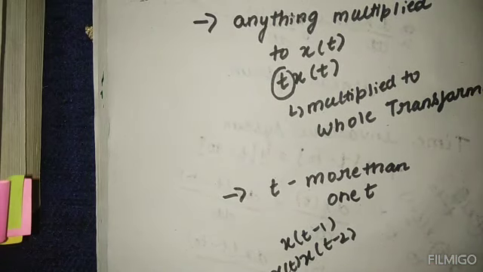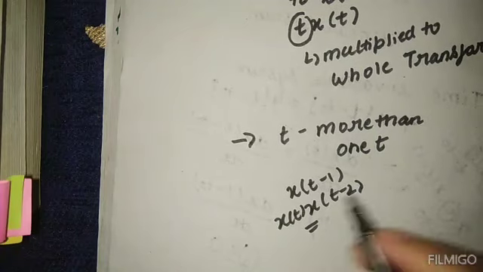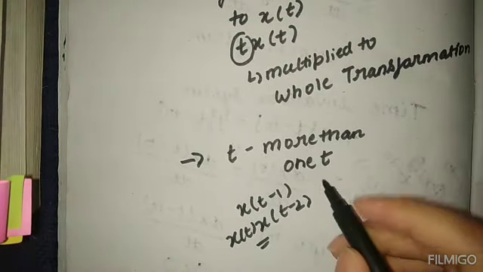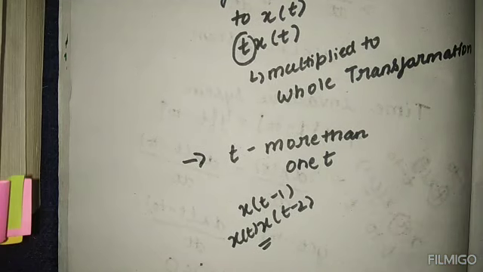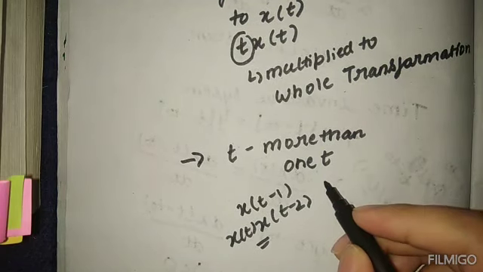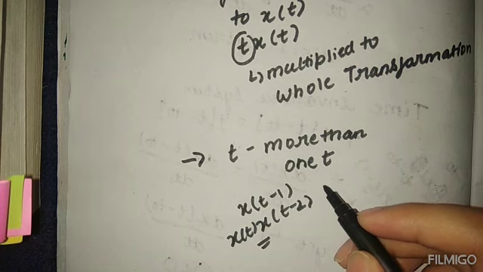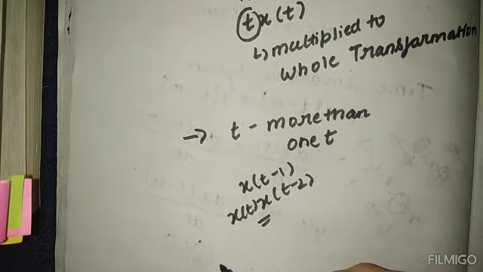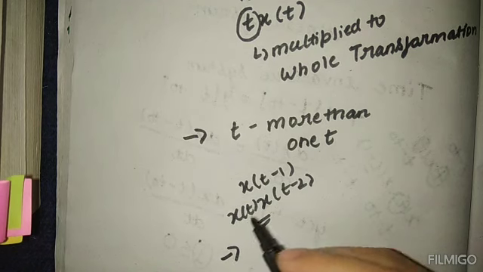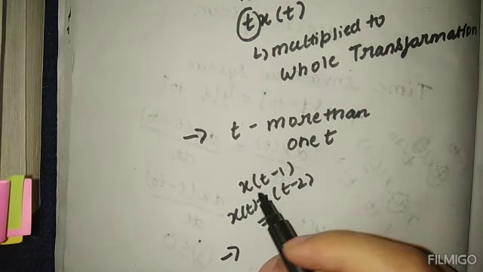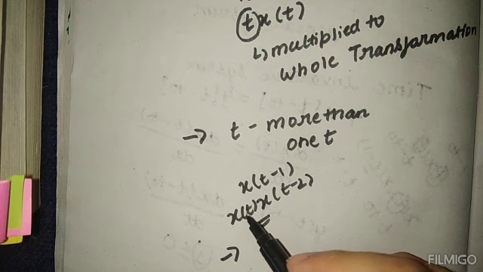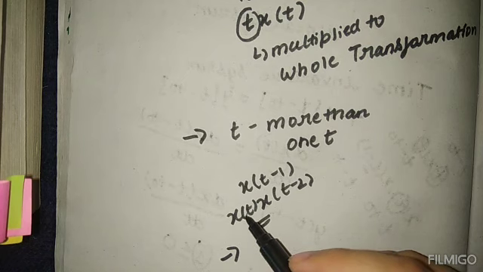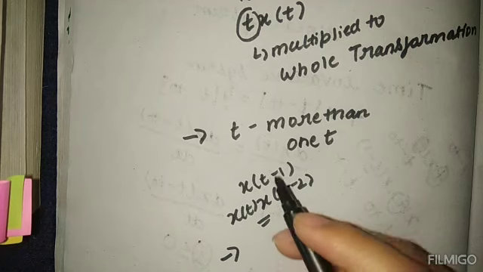If you get this kind of question, then you can directly say that it is a time invariant system. But if t is present other than in x of t, then you can say that it is a time variant system, right? You can easily find it out, right? Yes. If you find another t which is associated with x only, then that t also should be considered for the whole transformation of x of t minus t naught. So those systems do not become time variant systems, right?